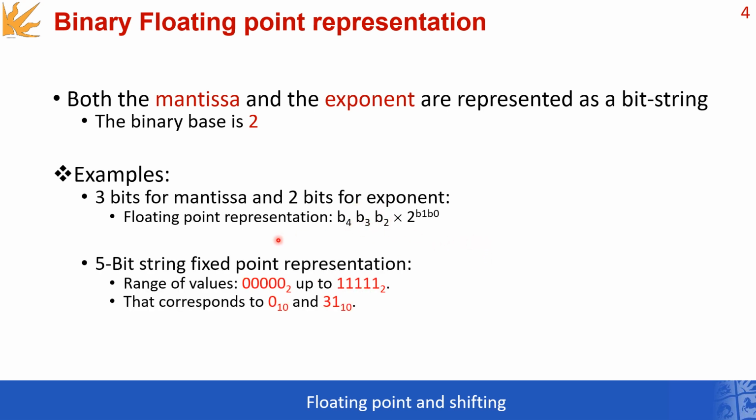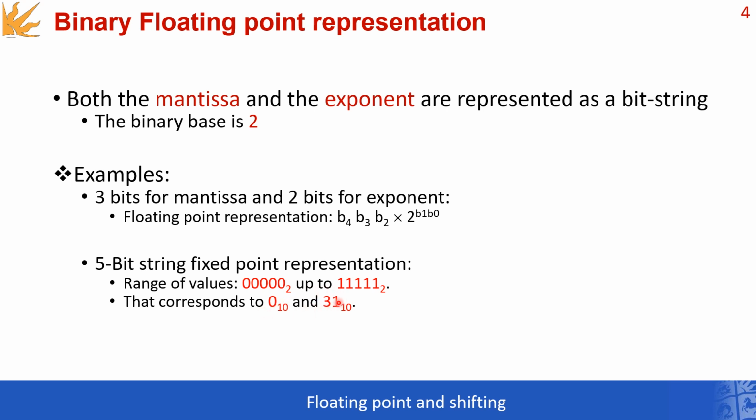So the range is changing a bit compared to what you know. If you assume a fixed point representation, like the one that you've seen so far before today's lecture, the range is between 0 and this number over here, which in decimal is 31. And overall, you got 32 numbers, from 0 all the way up to 31.